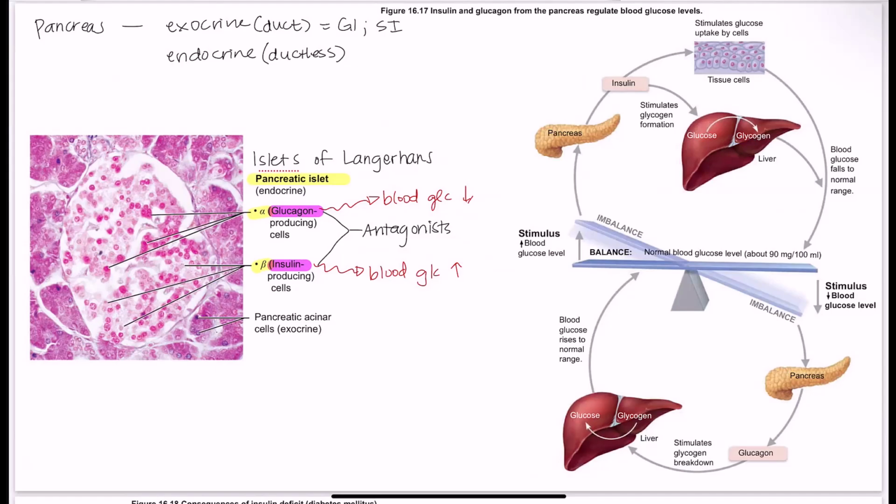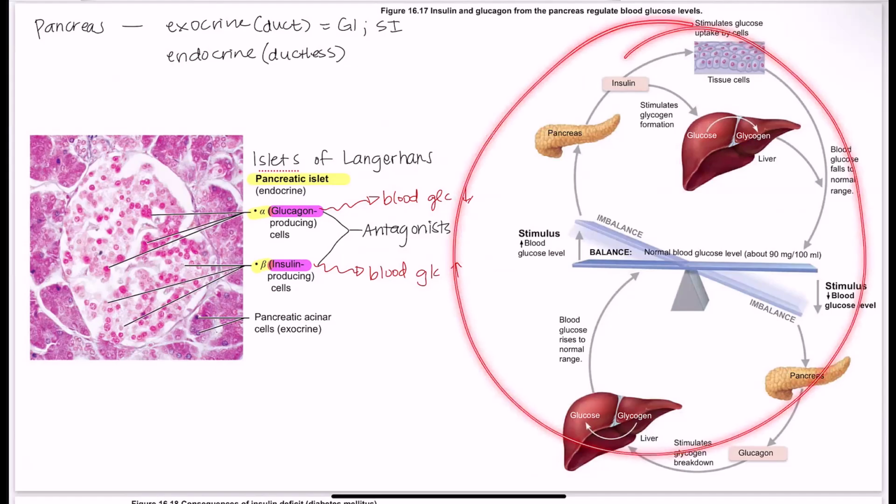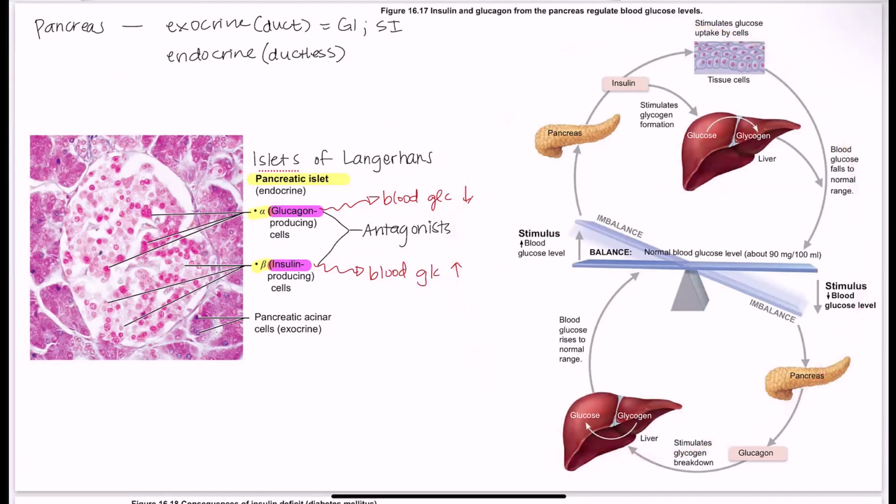So this is what we're seeing in this image here. This is our balance of homeostasis. So we can see what happens that if blood glucose levels rise, this signals the pancreas to release insulin. Insulin stimulates the formation of glycogen. Glycogen is a glucose storage molecule. So glycogen is glucose storage.